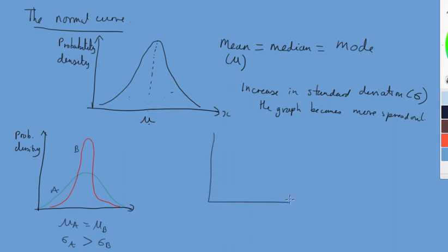Let's look at another example. This time we'll have a graph here. Now these are meant to be the same shape.